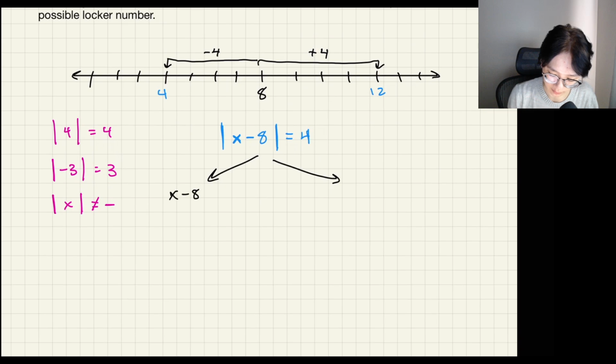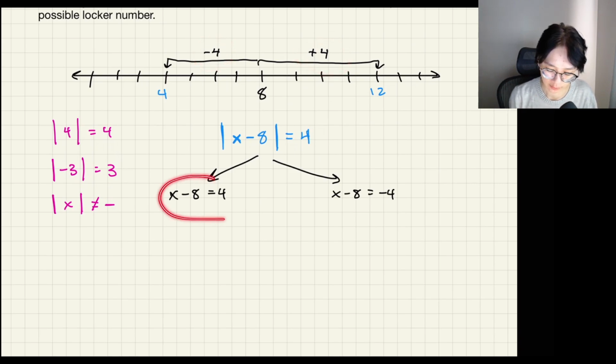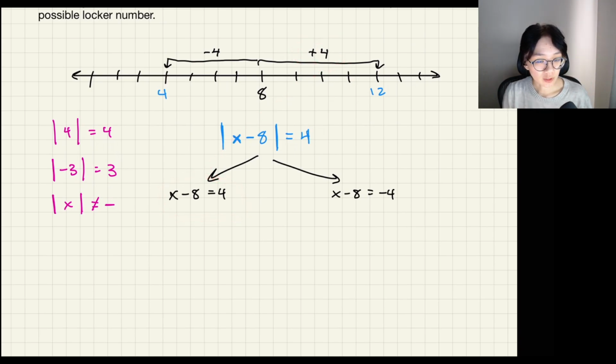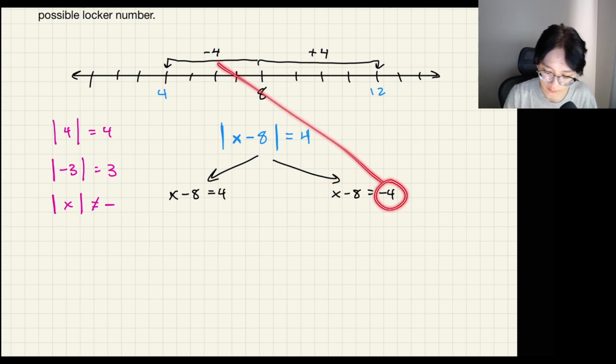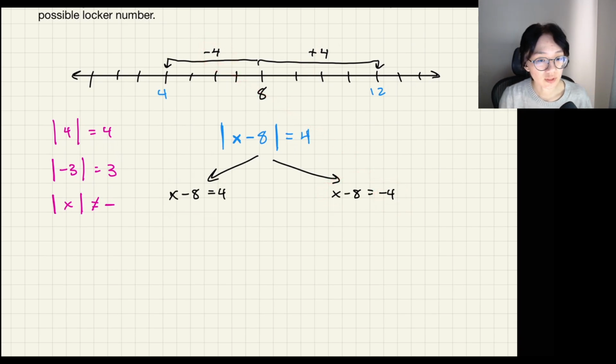Friend's locker minus our locker is positive 4, or friend's locker minus our locker is negative 4, or 4 to the left.